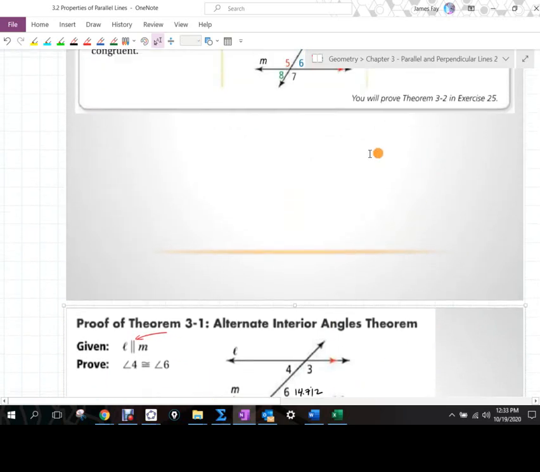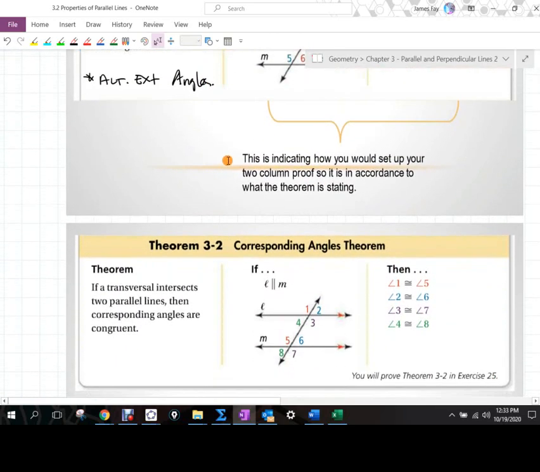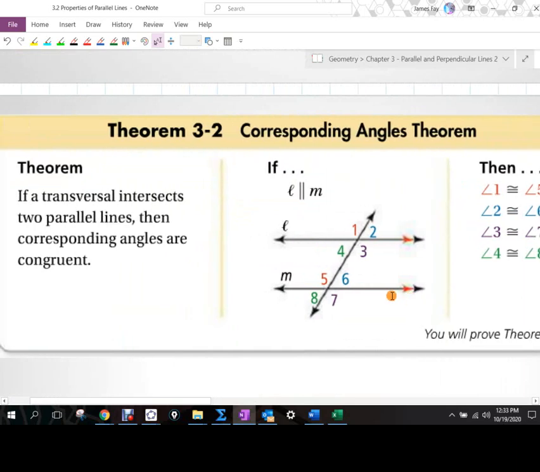So alternate interior angles are congruent, alternate exterior angles are congruent, same side interior angles are supplementary, and the last grouping of angles that we'll talk about are corresponding. And our corresponding angles, they are congruent. Okay? So we have 4 categories of angles. Alternate interior, alternate exterior, corresponding, and same side interior.